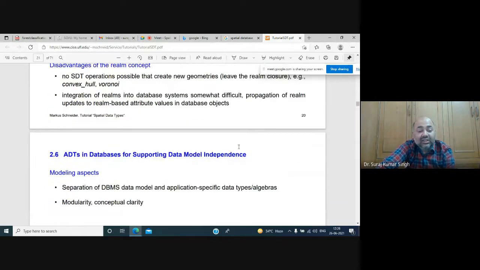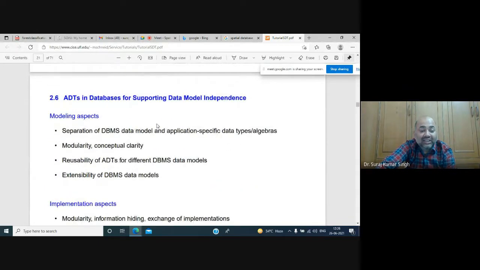So it is important to use ADTs in databases for supporting database model independence. What are the different kinds of modeling aspects? One is separation of DBMS data model and application-specific data types and algebra.